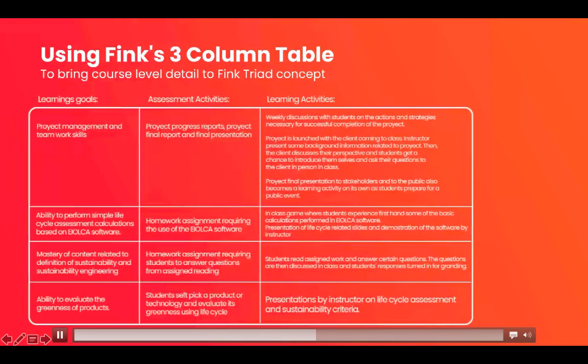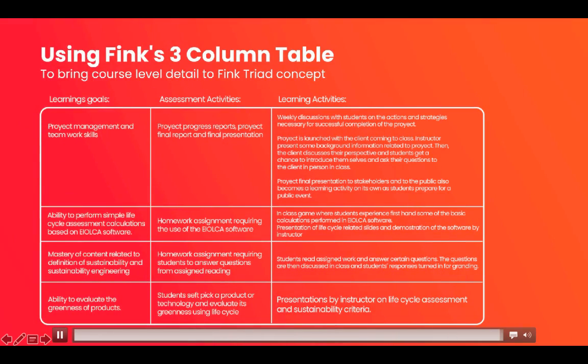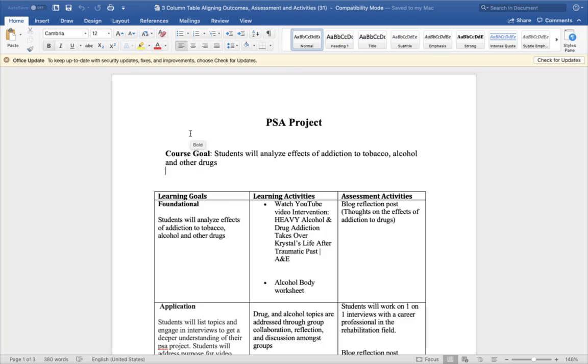All right, so the first instructional document I will be talking about that I used in the planning process is the Fink's 3-column table. And the reason why I chose the 3-column table is because it provided a comprehensive picture of the learning process.